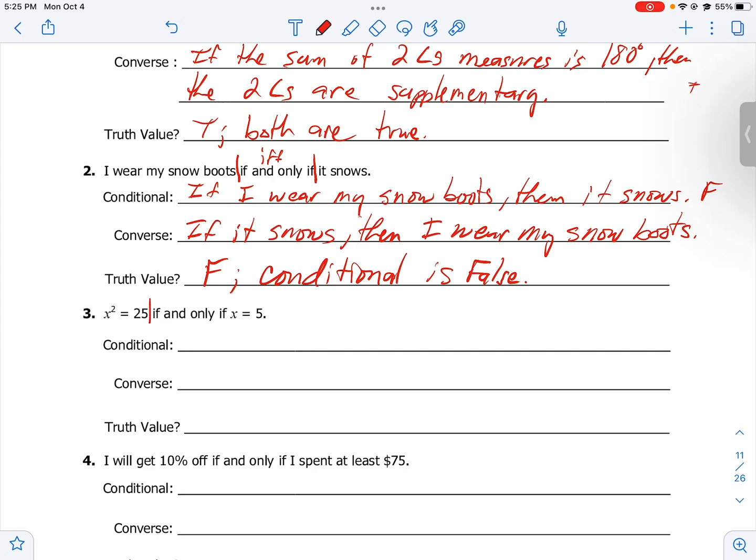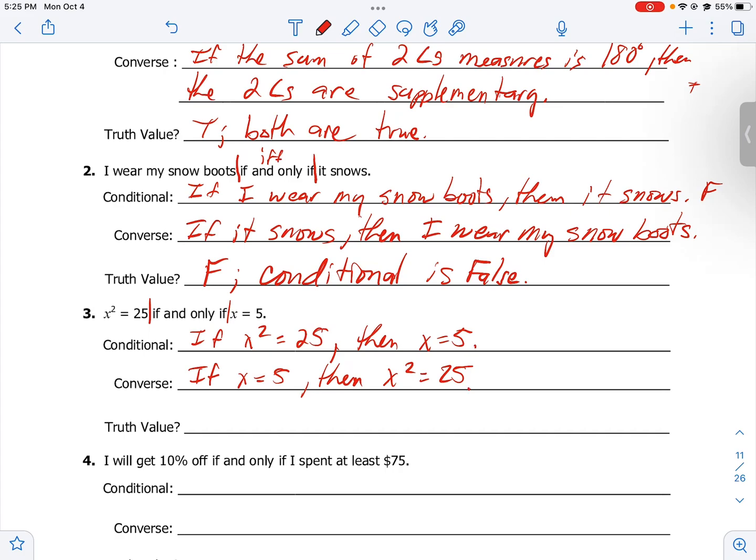X squared equals 25 if and only if x equals 5. So if x squared equals 25, then x equals 5. Well, maybe. Let's see. If x equals 5, then x squared equals 25.